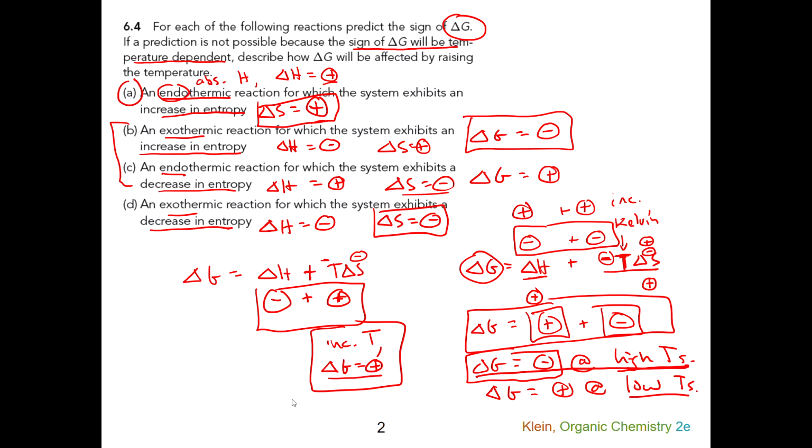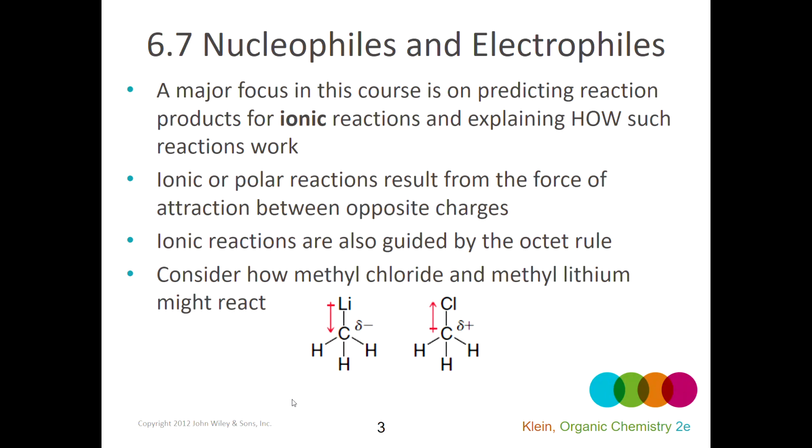Alright, so here's our continuation with Chapter 6. From last week, we were talking about a lot of these thermodynamic concepts, and we're going to continue to employ them whenever they help us understand reactions. And we're working toward looking at some simple reactions where bonds break and form, try to understand the energy involved, the entropy involved, predict whether we're mostly going to get products or reactants.